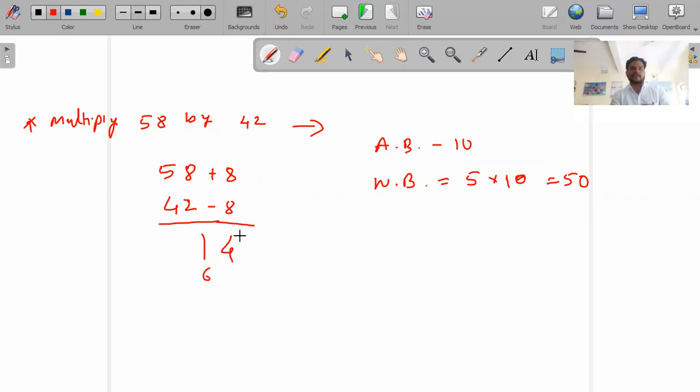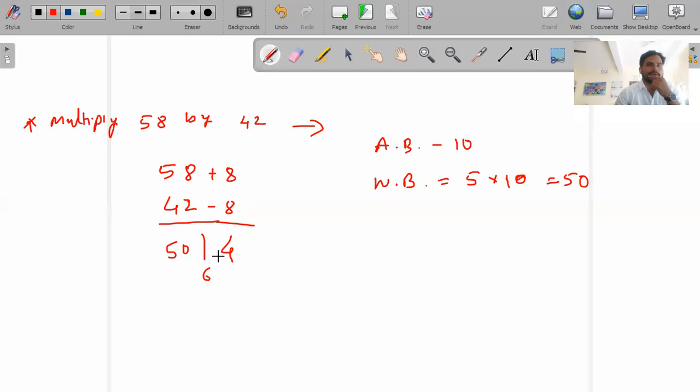Actually, in the book they have considered 100 as the base, but I am considering 10 as the base here. Let's see how it works. So 42 plus 8 is 50. What you have to do now? See here, 8 into 8 is 64, and you have to take minus 64.